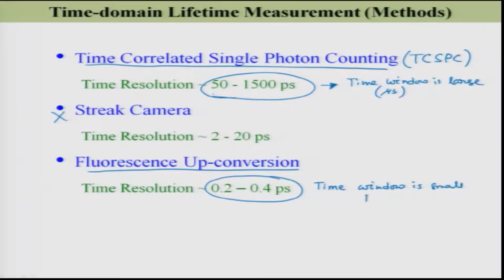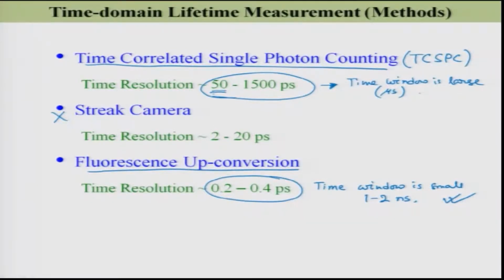Typically, one goes to a 1 to 2 nanosecond time window. That means you cannot measure the fluorescence intensity for a longer time period in that case, although the time resolution is high. In TCSPC the time resolution is like 50 picosecond, but we can measure for a longer time period, so the time window is very large.